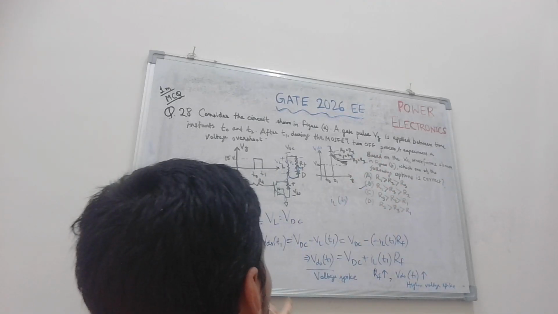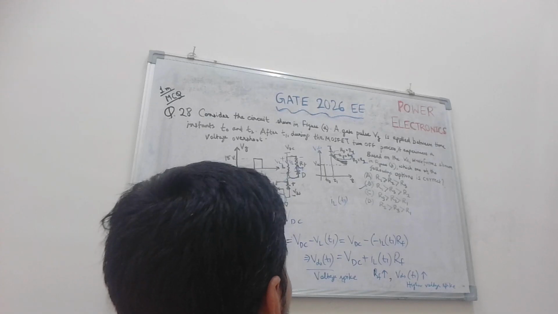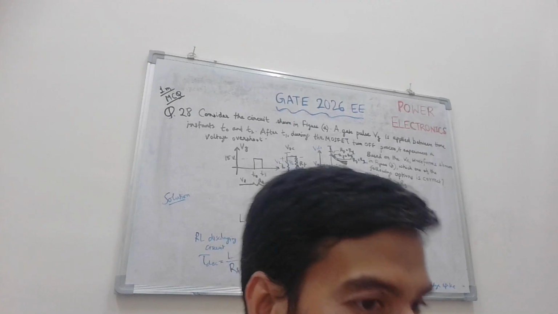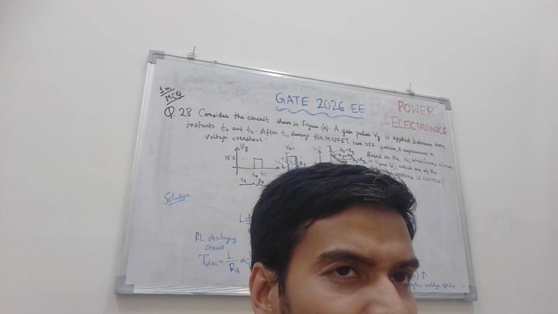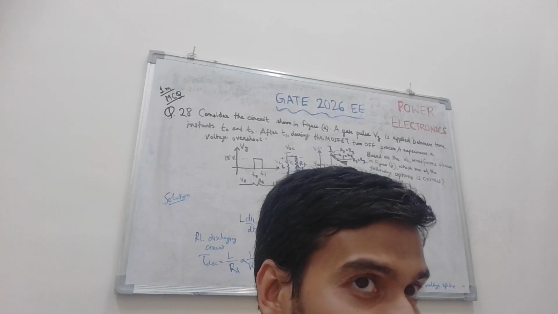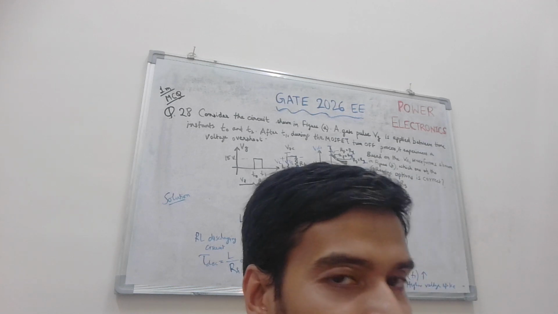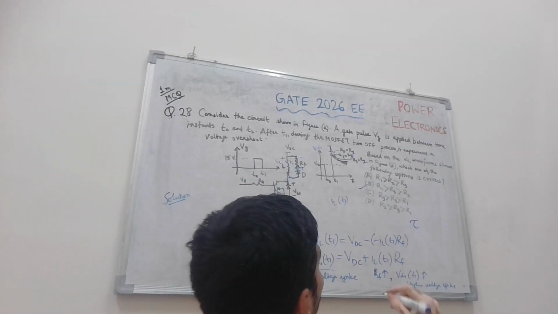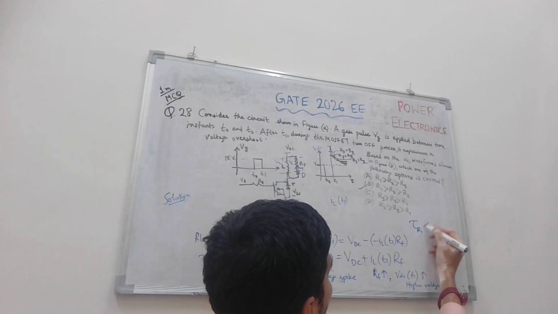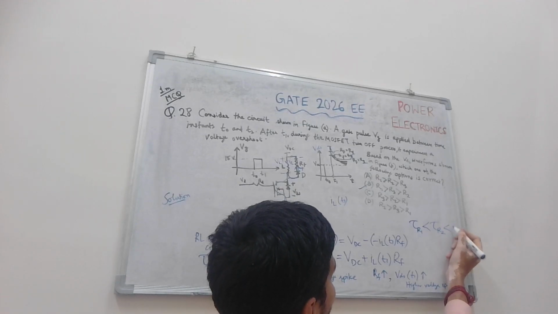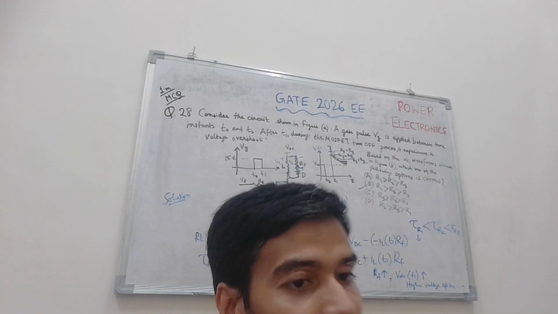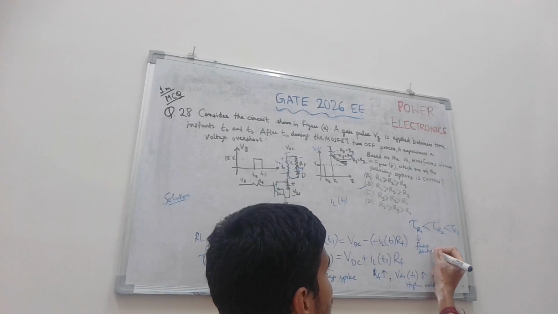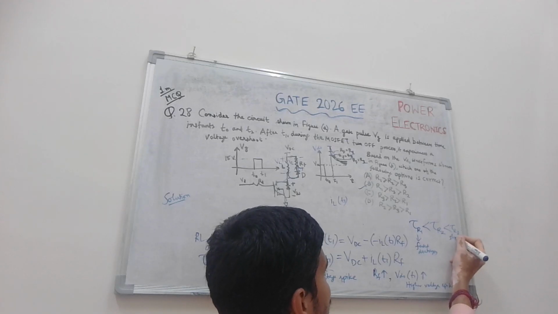For R2 the time constant will be the highest, which means discharging takes place at the slowest pace among the three. So tau R1 is less than tau R3, less than tau R2. This is the fastest discharging, and this is the slowest discharging.